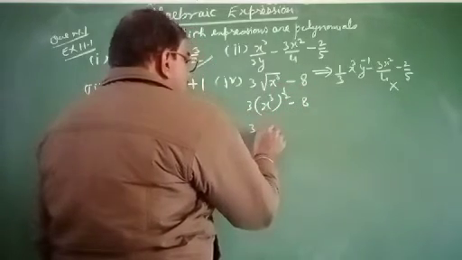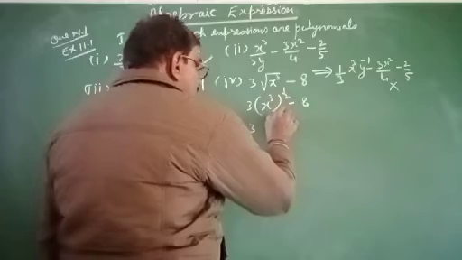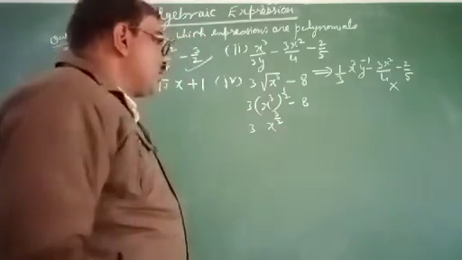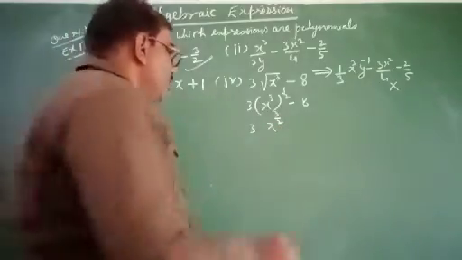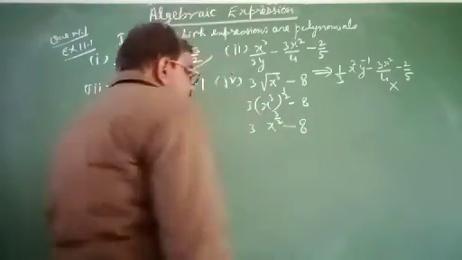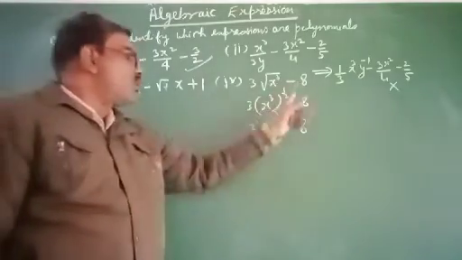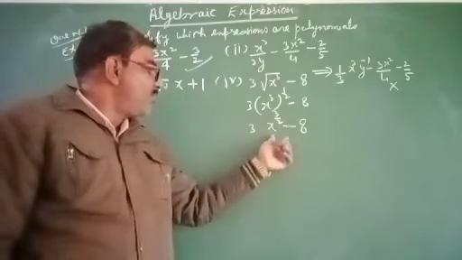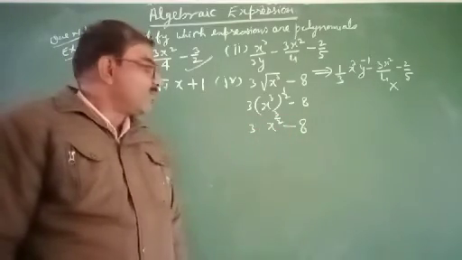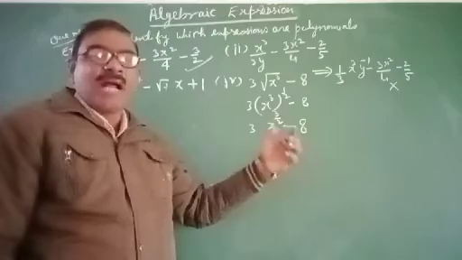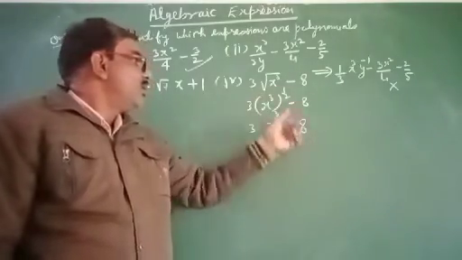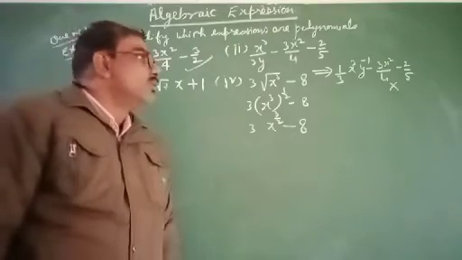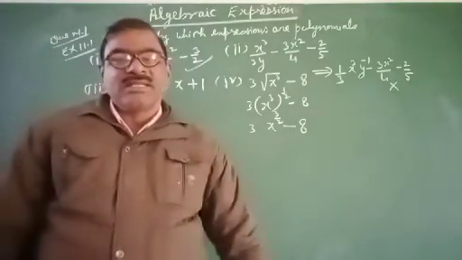So it will be 3x to the power 3/2, since 3 multiplied by 1/2 gives 3/2, minus 8. Here the power of variable x is 3/2, which is not a whole number. So this algebraic expression is not a polynomial. Dear students, I hope this is clear to you.